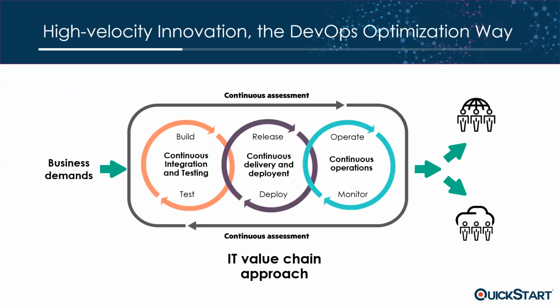Okay, so when we talk about DevOps, that implies high velocity innovation through continuous integration and testing, continuous delivery and deployment, and continuous operation. Sometimes we refer to DevOps only as a DevOps toolchain, and this is very typical in companies.